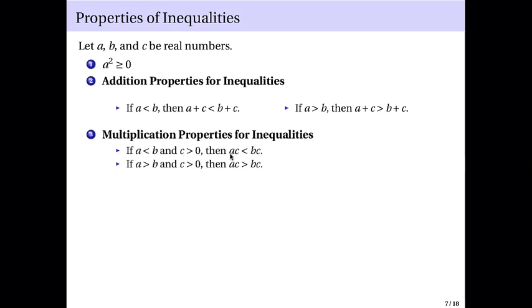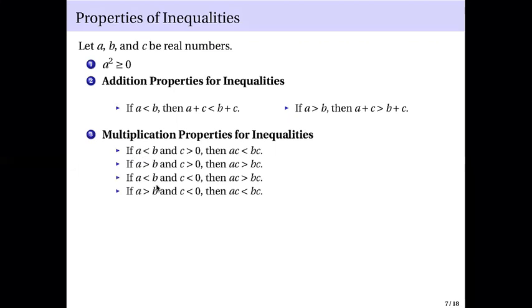Okay, so we will have AC less than BC. Or if A is greater than B and C is greater than 0, then AC is still greater than BC. Okay, so what you do on the left must be done on the right. Okay, if this is the case, your multiplier is positive, the inequality will retain.